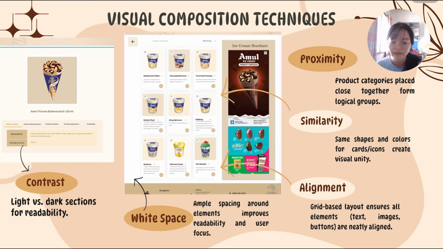We also used alignment. We use a grid-based layout to make sure all elements like text, images, and buttons are neatly aligned. For similarity, we use the same shape and colors for cards and icons to create visual unity. And last, proximity. Product categories are placed close together to form logical groups.